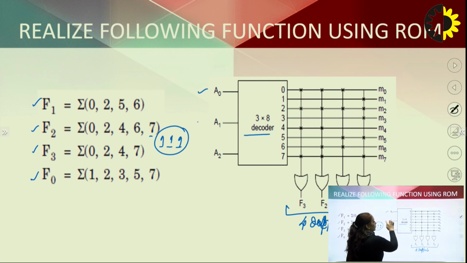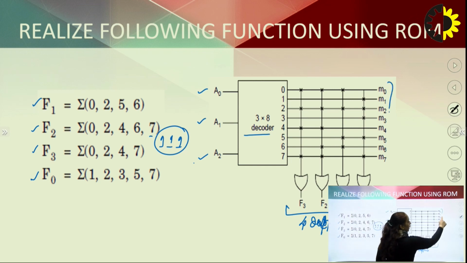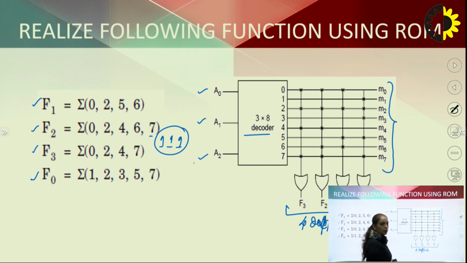So 3:8 decoder: 3 input lines and 8 output lines are there. Here we have the 8 output lines.